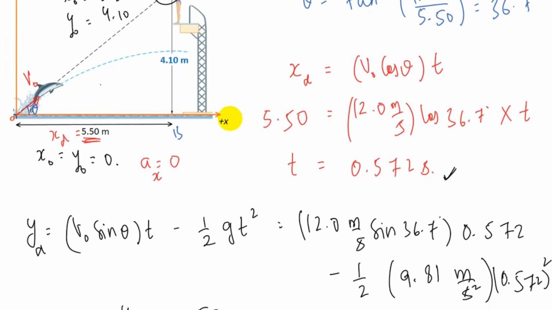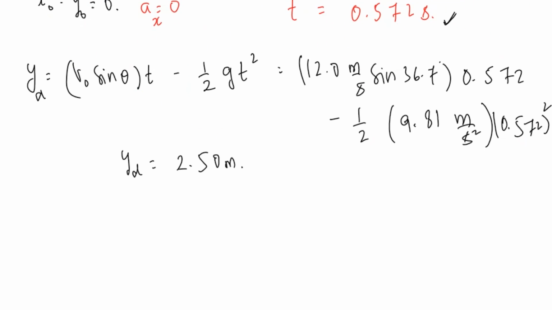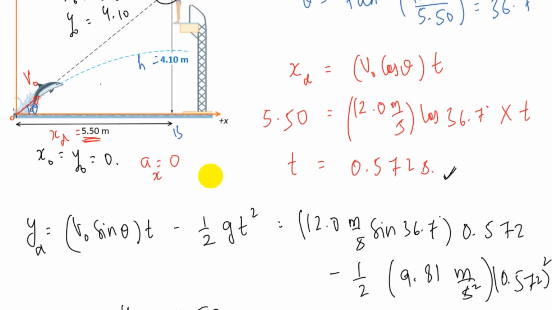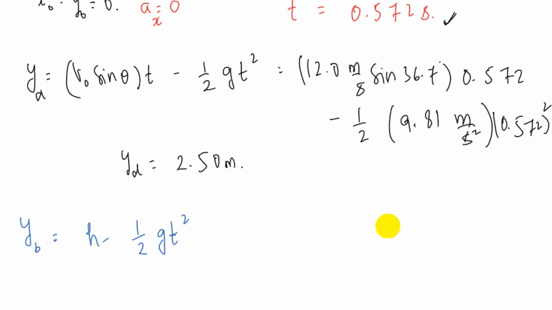With respect to the ball, we can write yb, b for ball. So this will be equal to h minus 1 over 2 g t square. And what is this h? H is this height. And if you have any confusion about how we are able to write this equation, it's pretty simple.